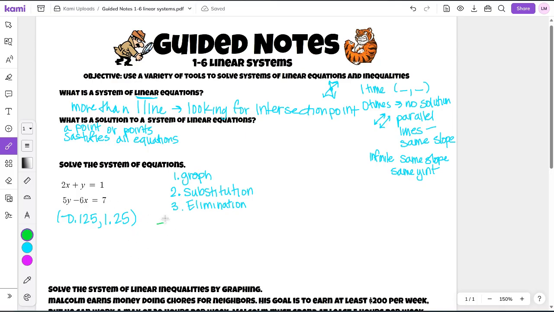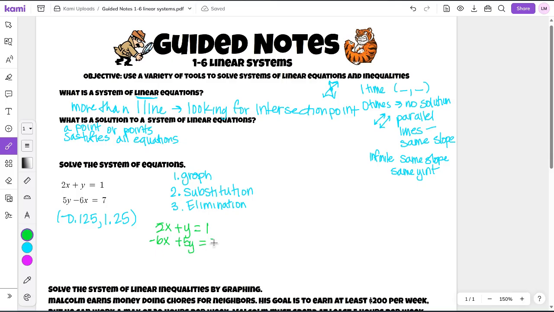So I'm going to put this in a different order. I'm going to leave the first equation like it is, 2x plus y equals 1, and I'm going to reorder the second one so that my x's are underneath my x's and my y's are underneath my y's. So negative 6x plus 5y equals 7.